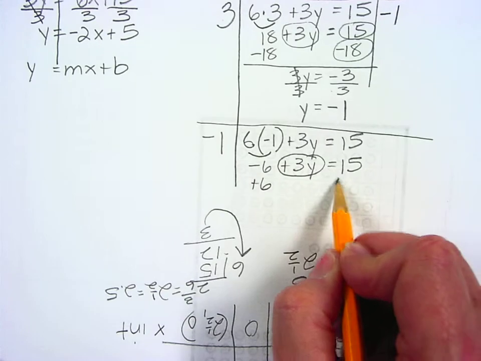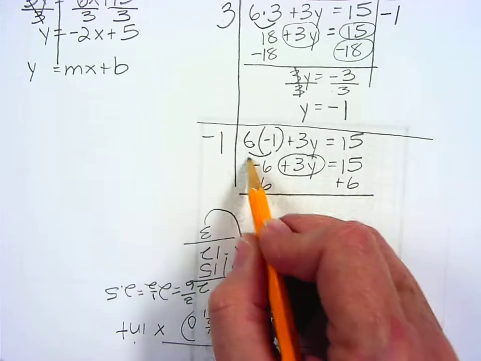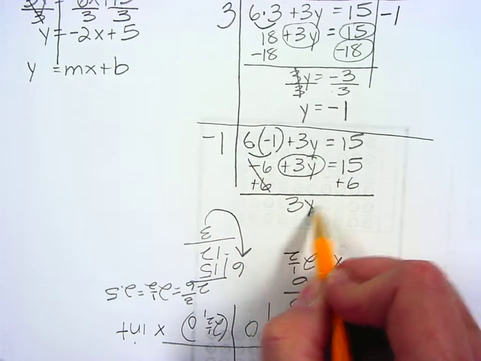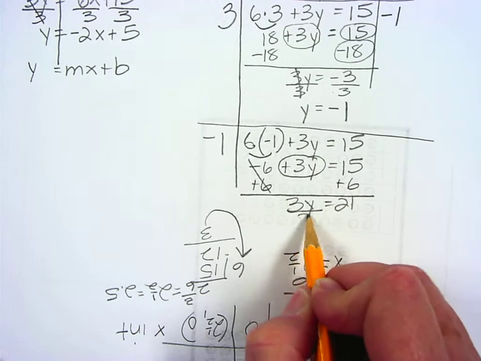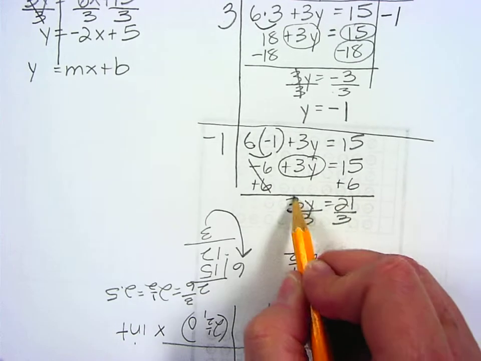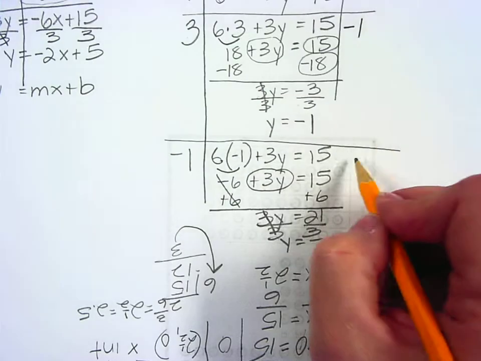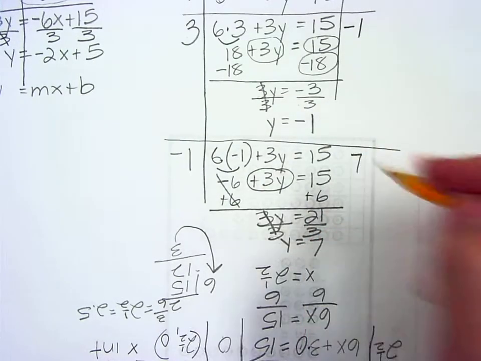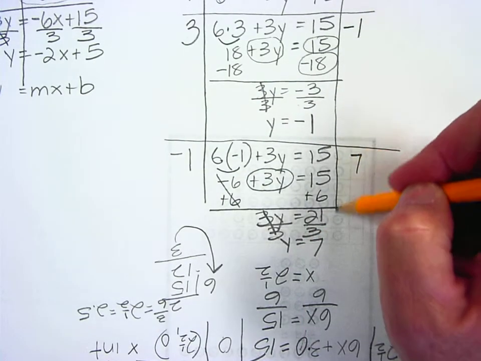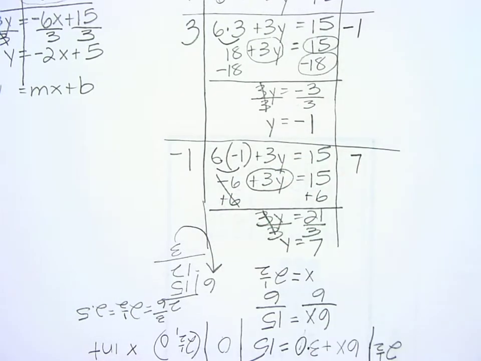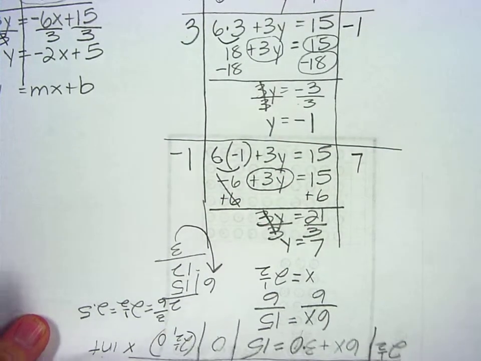I'm going to add 6 to both sides. 3y equals 21. Divide both sides by 3. y is 7. So when x is negative 1, y is 7. That's enough already to graph our equation. We only need 2 points. That's okay. We're going to go ahead and finish this out.